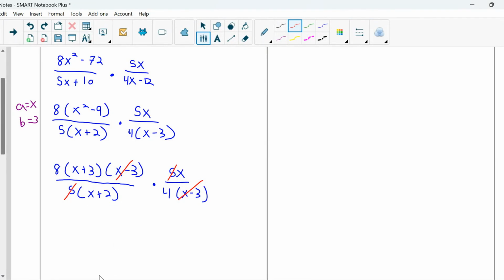So I'm going to reduce those 5s. The final thing that I can reduce, that is a little more difficult to see, would be my 8 and my 4. So 8 divided by 4, that gives me 2, right? So I can just simplify this to be 2, canceling out my 4, which just helps me skip a step in the end here.